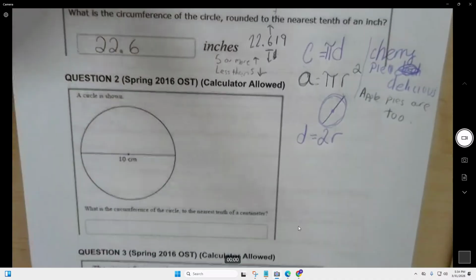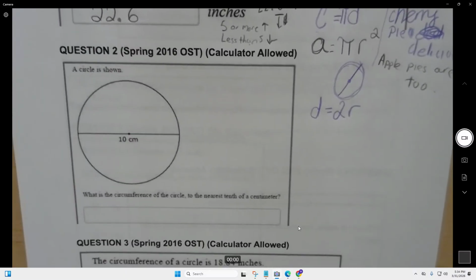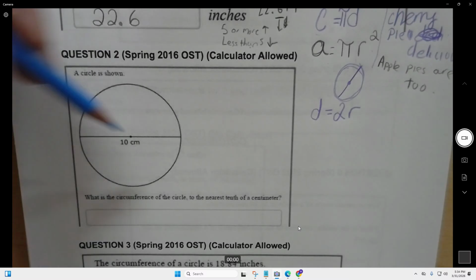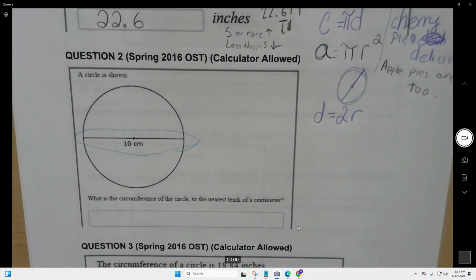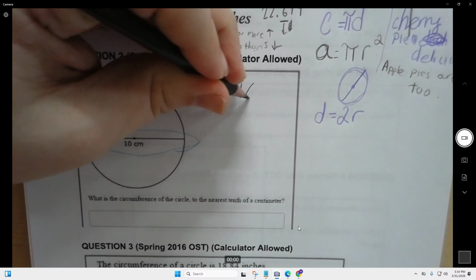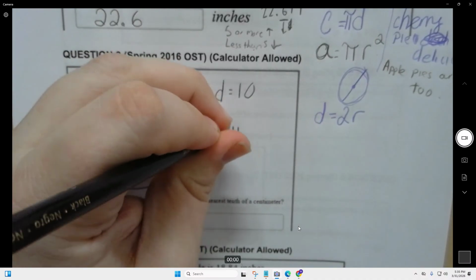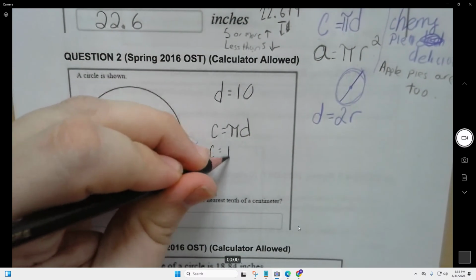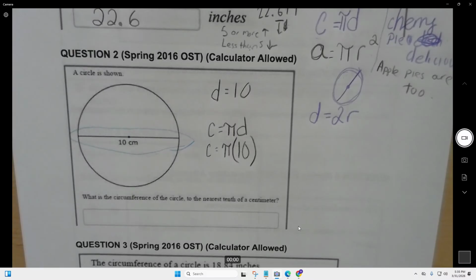All right. So let's go to question number 2. A circle is shown. What is the circumference of the circle to the nearest tenth of a centimeter? This right here is the picture definition of a diameter. So your diameter would be 10. So your circumference, cherry pie delicious, is C equals pi times 10. I'll put this in the calculator.